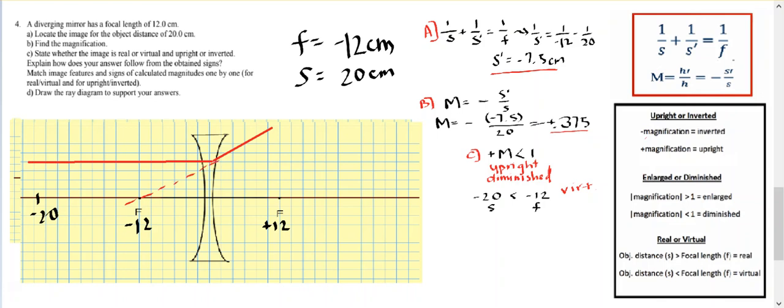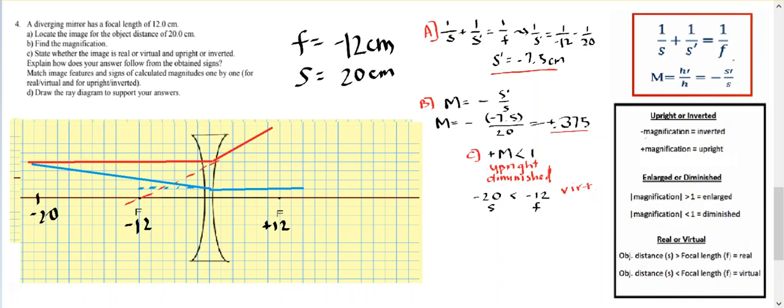If we were to draw the reflection of this line, we would draw it dashed through the focal point. Ray 2 is drawn directly from the top to the center and then carries on parallel to the axis. Again, if we were to draw the reflection, we would draw it like this.